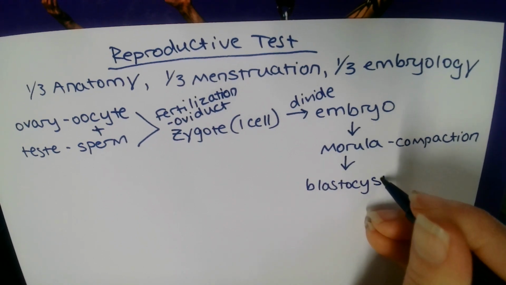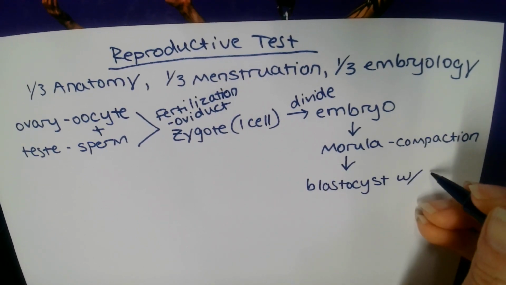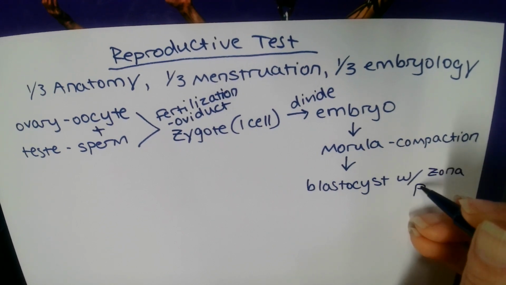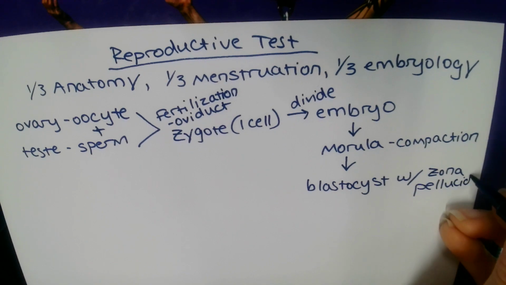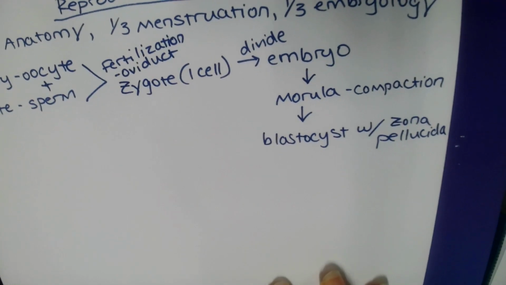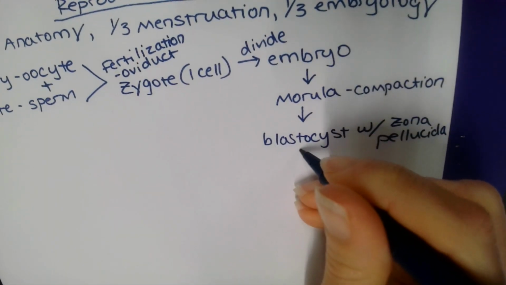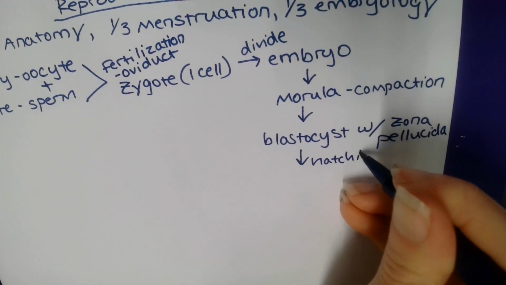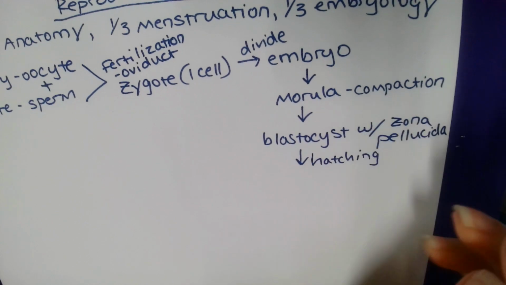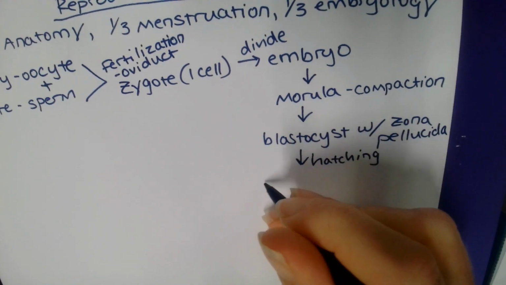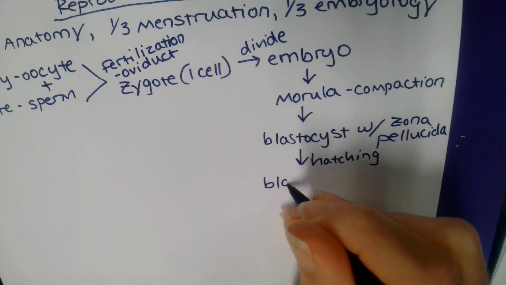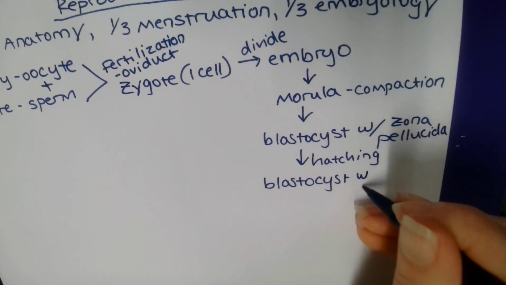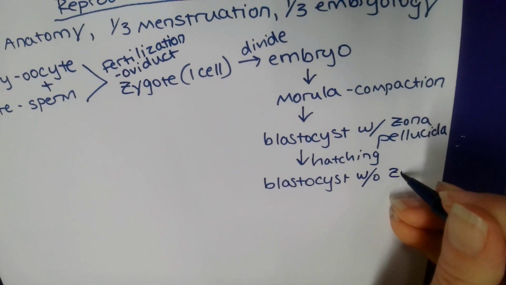And it starts off having a membrane around it, still has that zona pellucida around it. Then it's going to undergo a process called hatching, where it emerges from that zona pellucida so that the cells can grow. So now it's a blastocyst without the zona pellucida.